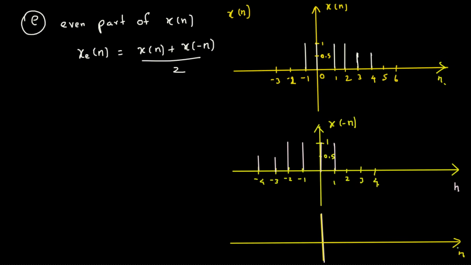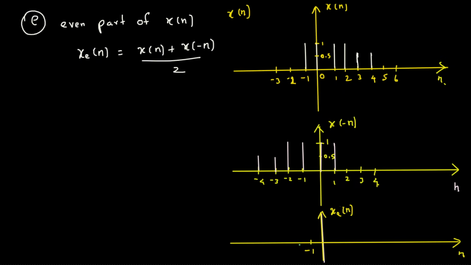So this is our n and this is our x. Now what you're interested in is x e of n. You can put the whole equation, but you can also just say x e of n. But you have to know that x e of n means x of n plus x of minus n divided by 2.